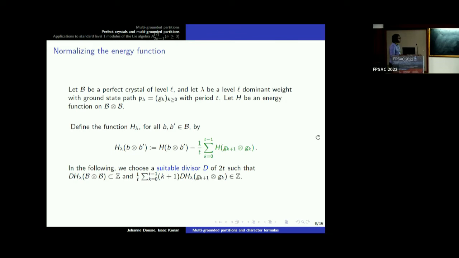So we take the function and we subtract its mean over the period. And again, we add another assumption that we take a D, which is a suitable divisor of 2, such that these 2 values are always integers.